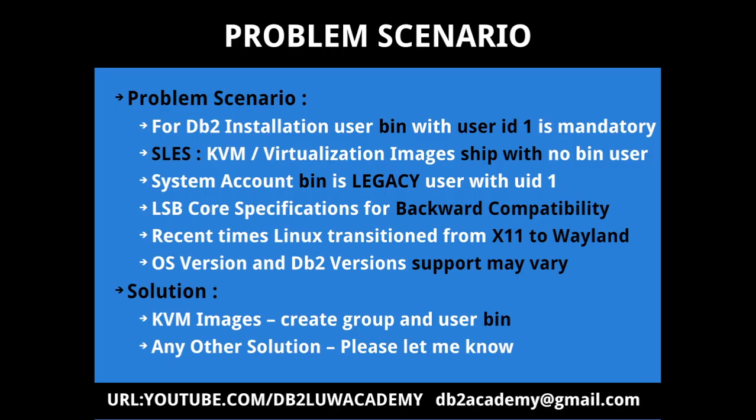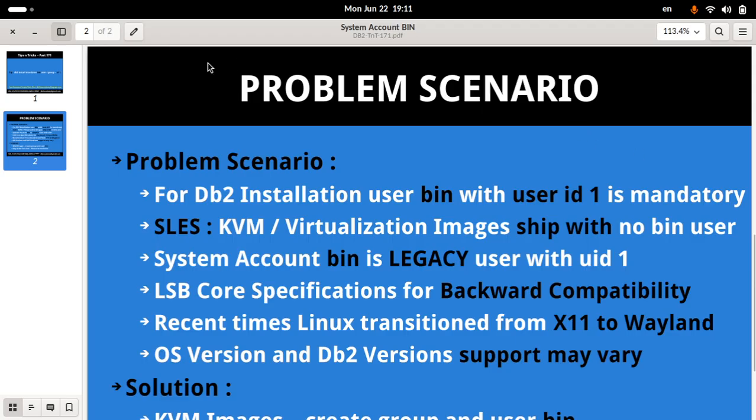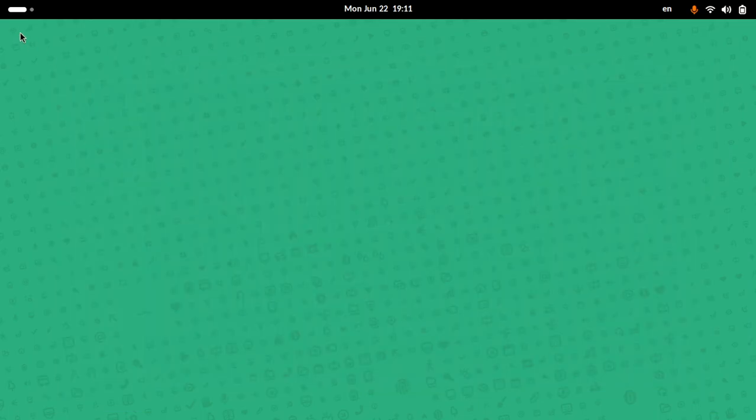You could maybe create some links and fix the problem, but I'm not a Linux expert, so please let me know if there is any other solution for this. As of now, the solution is just to go ahead and create the user and the group bin. That's the easiest, simplest solution.